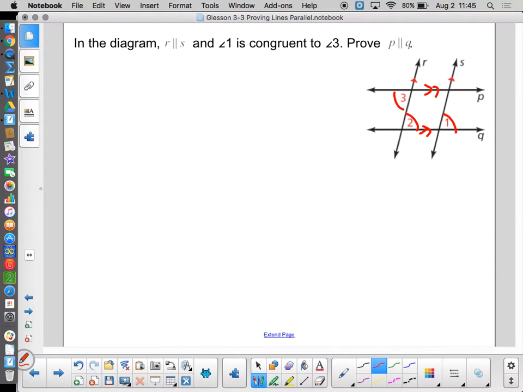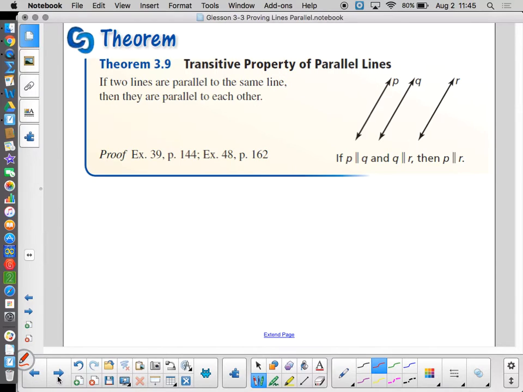So again, there's a lot of stuff going on here. There's a final way to prove lines are parallel, and that's called the transitive property of parallel lines. It says if P is parallel to Q and Q is parallel to R, then P is parallel to R. Two lines parallel to the same line are parallel to each other.